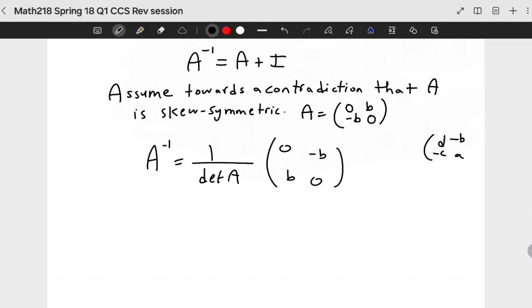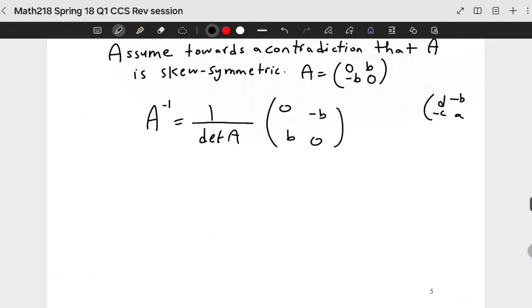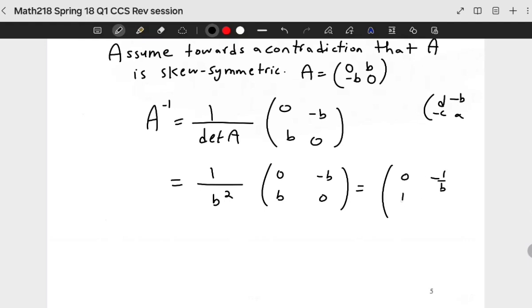Okay. So what's the determinant of A in this case? It's b squared. So 1 over the determinant of A here is 1 over b squared, times the matrix (0, minus b; b, 0), which is equal to (0, minus 1 over b; 1 over b, 0).